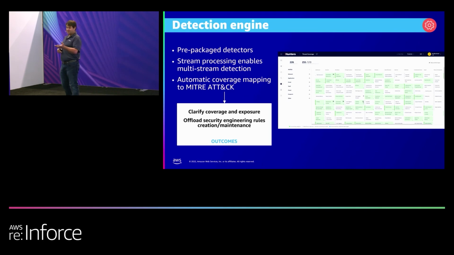MITRE ATT&CK 11 just came out, right? So a lot bigger. MITRE ATT&CK v10 has been out for, I don't know, a year or so? Maybe a little longer, something like that. But the idea is to clarify your coverage and really understand how you can prove that you're doing the best you can with the log sources that you're bringing in.